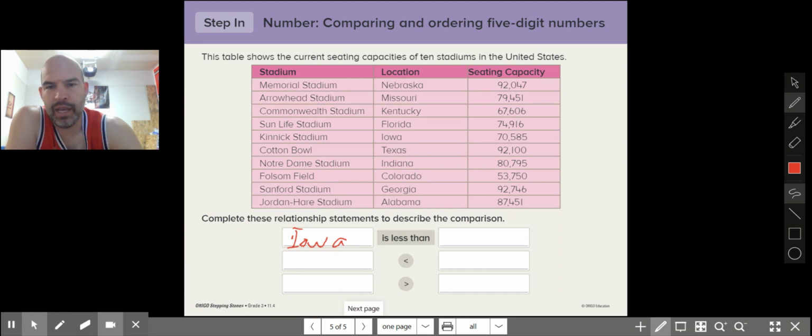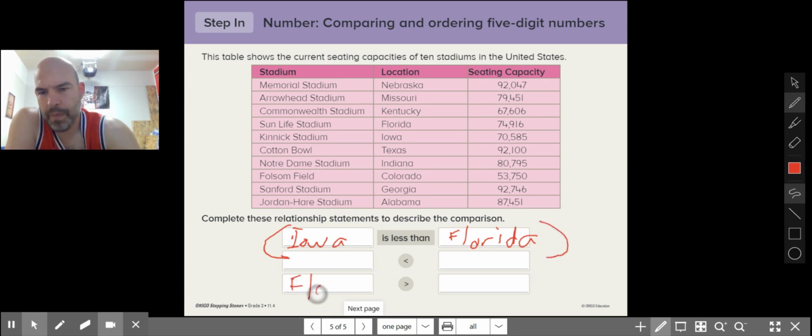Iowa is less than Florida. Okay. And then we can bring that down. Same thing again, right? Iowa is less than Florida. And then over here, we would say Florida is greater than Iowa. Okay. All right. That's pretty much that.